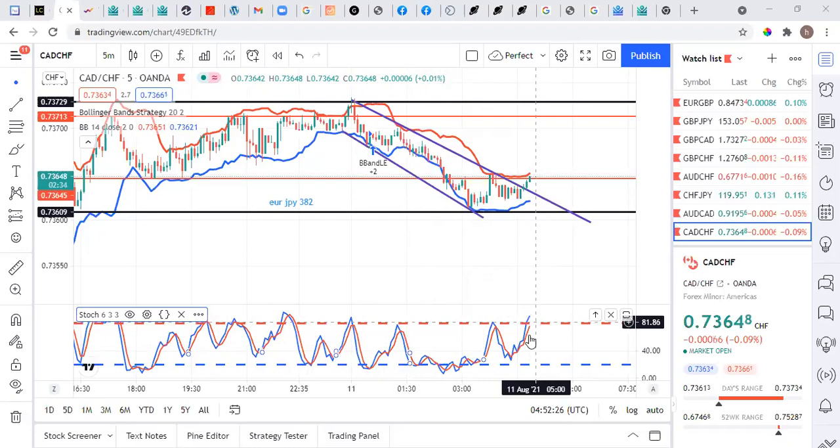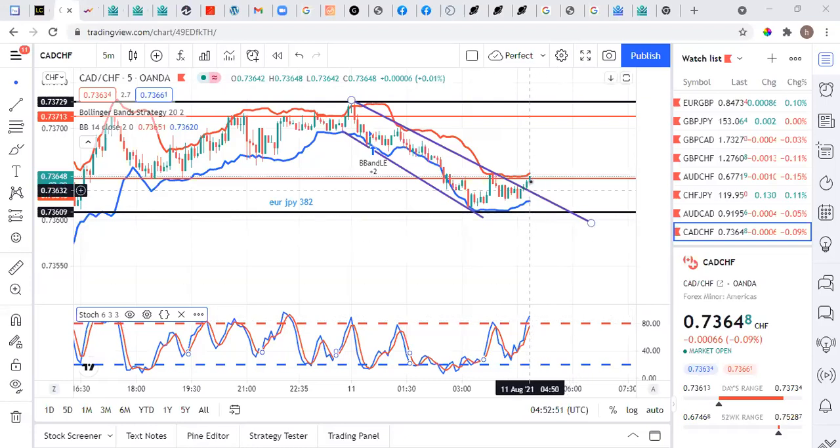This shows that in this period in the market, there are now more buyers, so many have bought. And when a currency is overbought, it's going to be selling any moment. Okay, so if it crosses this line up, it shows that it has been overbought and it's going to sell.